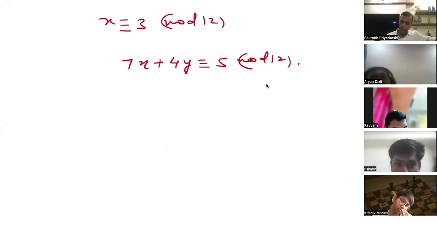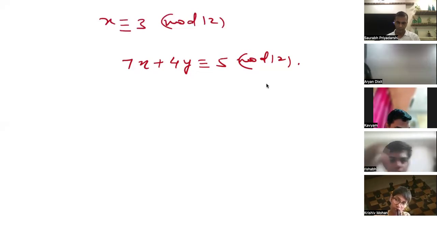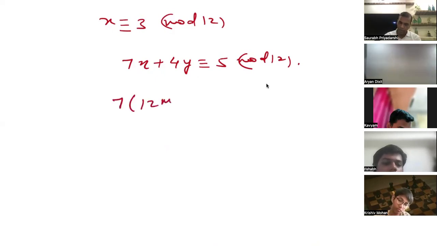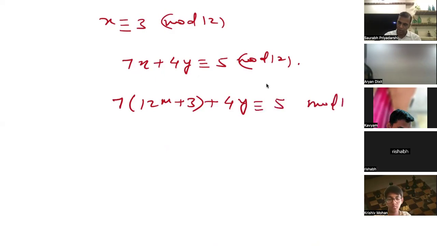X congruent to 3 mod 12. So what would be the value of y in this case? This will be 7 into 12m plus 3, plus 4y congruent to 5 mod 12.